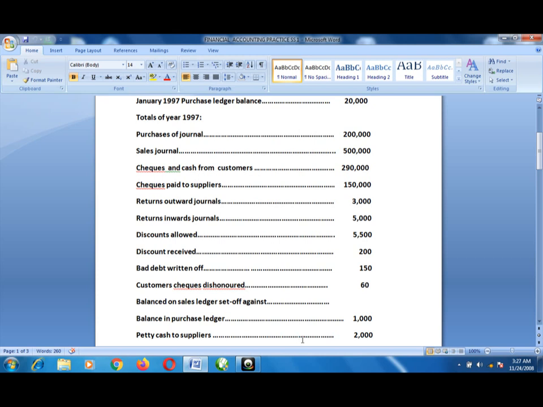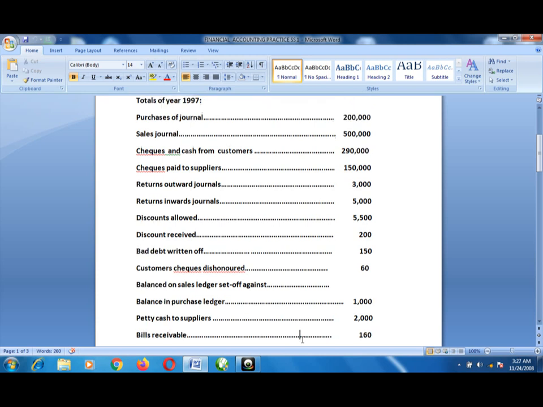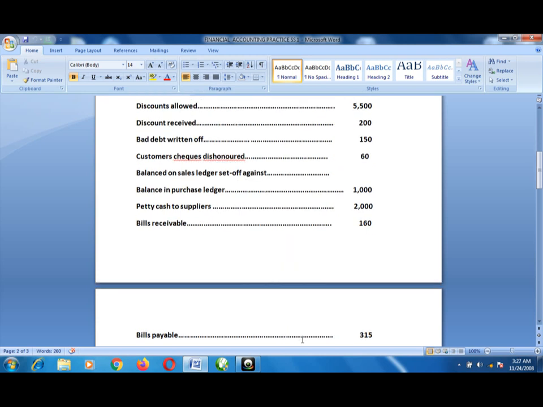That's a set off. You have petty cash paid to supplier, and you have a bill receivable and a bill payable.